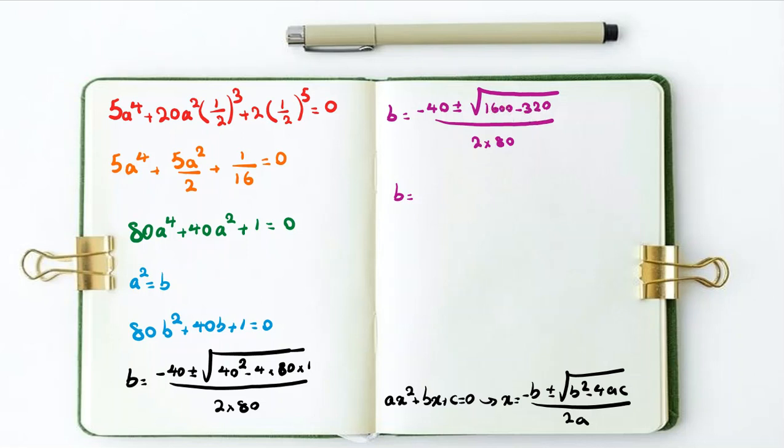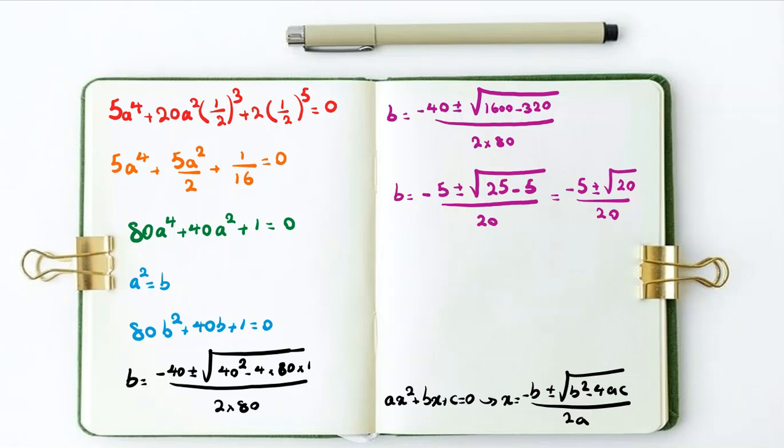So let's divide both numerator and denominator by 8. So negative 5 plus minus the square root of 1280 divided by 64, which is 20, over 2 times 80 divided by 8, which is 20. So it will be negative 5 plus minus root 20 over 20. This is our answer for b.